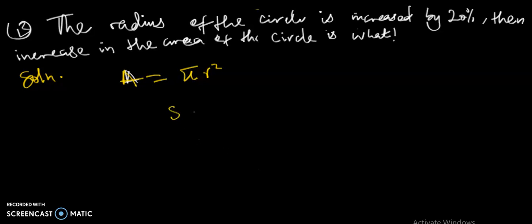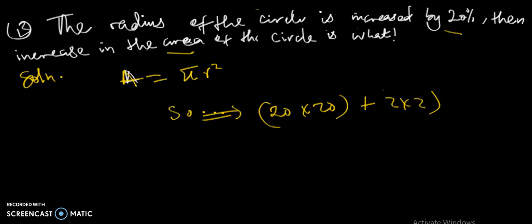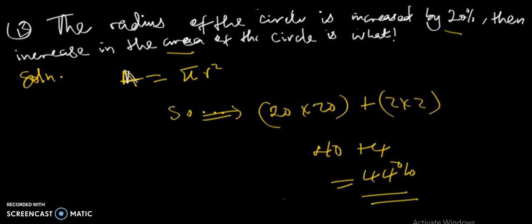So this therefore means 20% plus 20% plus the product, 20 times 20 divided by 100, which is 4. This will be 40 plus 4, so it will be 44%.